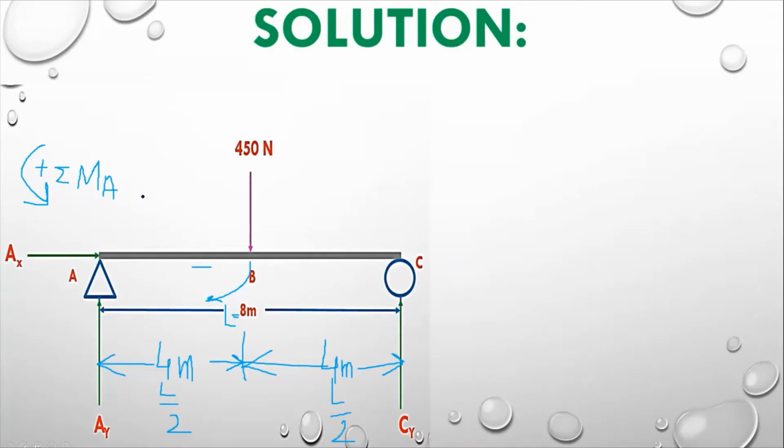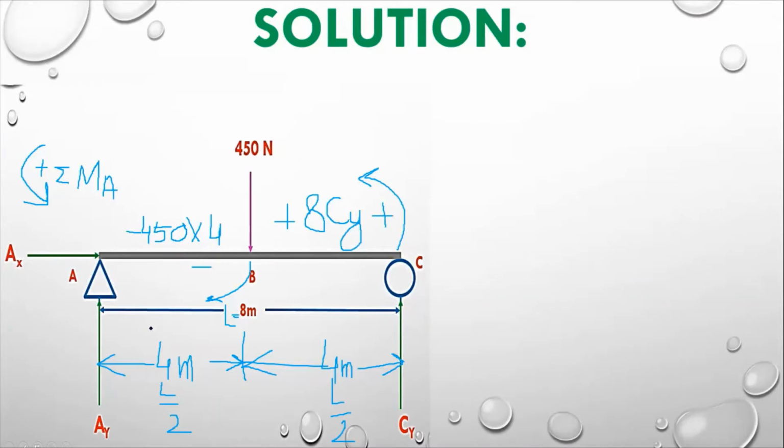When we rotate it, it will become minus 450 into 4, and this will be 8CY, because its rotation is anti-clockwise, and anti-clockwise is positive.